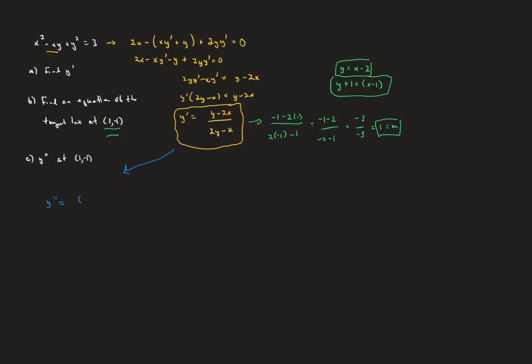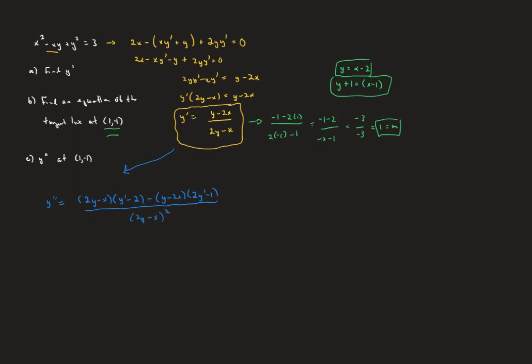So we're going to get the denominator, 2y minus x, times the derivative of the numerator, which is y prime minus 2, minus the numerator, y minus 2x, times the derivative of the denominator, which is going to be 2y prime minus 1, all over the denominator squared.